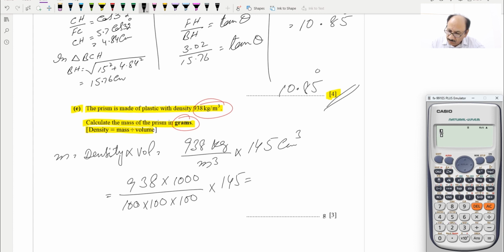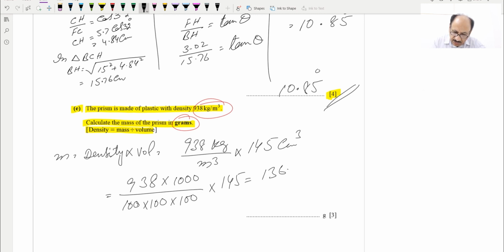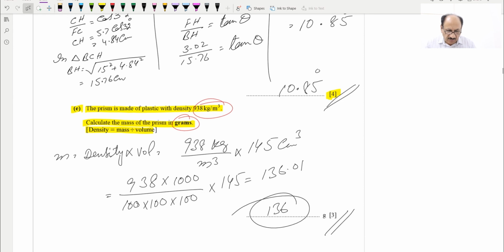This will be 938,000 over, this will be 1 2 3 4 5 6 zeros, 1 million, multiplied by 145, and this is equal to 136.01. Our answer will be 136 grams, and this is the final answer.